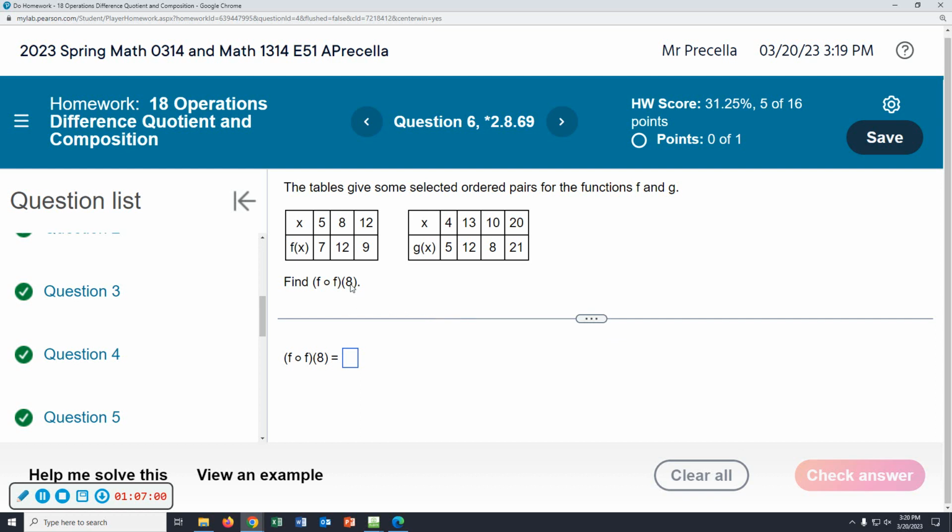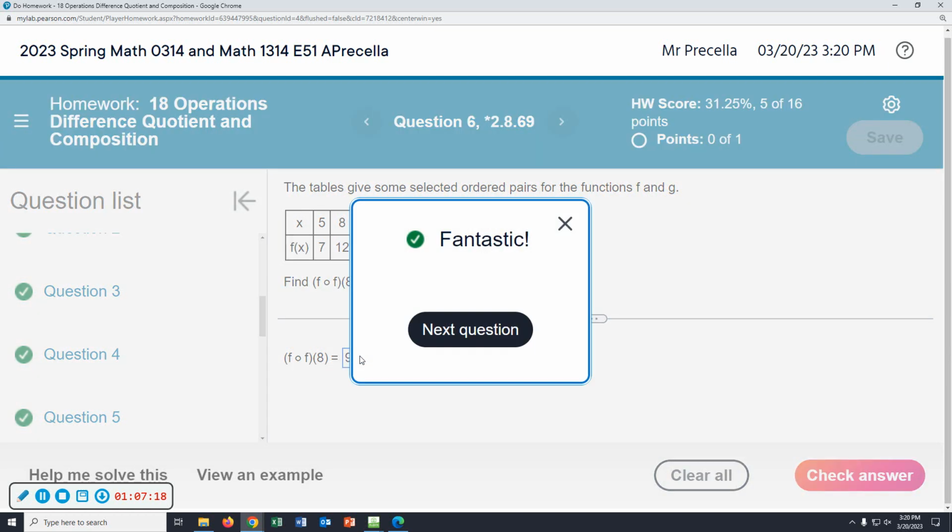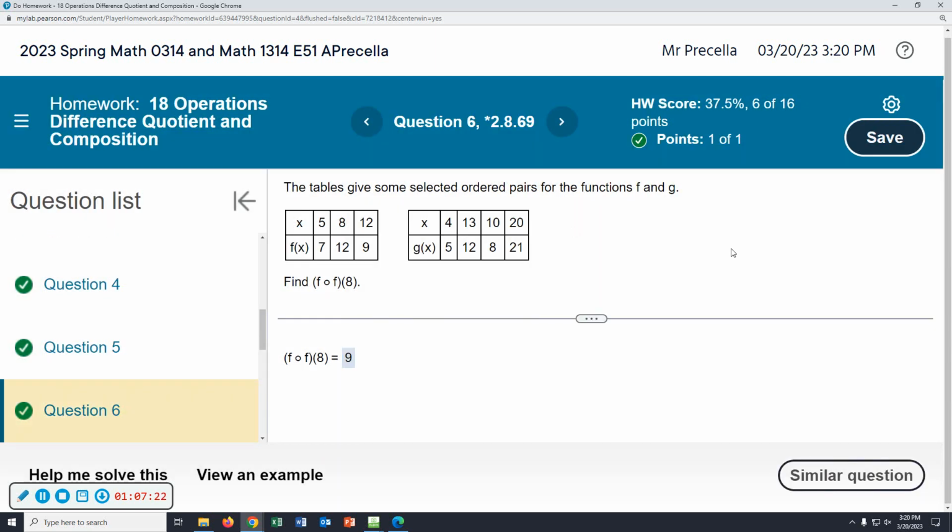So 8 is assigned to what number using the F table? 12, I agree. And then using the F table again, 12 is assigned to 9. I agree. Any questions on that one? Should I write it out?